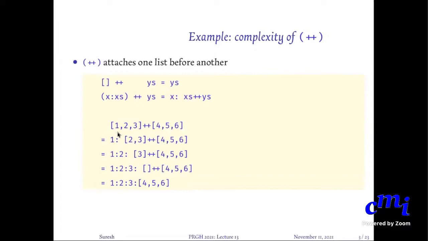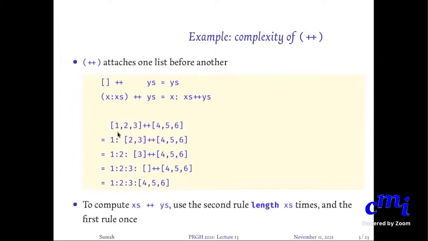You first do [2,3] ++ [4,5,6], then [3] ++ [4,5,6], then empty list ++ [4,5,6], and then you stick 3, 2 and 1 in front. So how many steps are required in this? 4, yeah, which is the length of the first list plus 1. So that is the number of steps that are required.